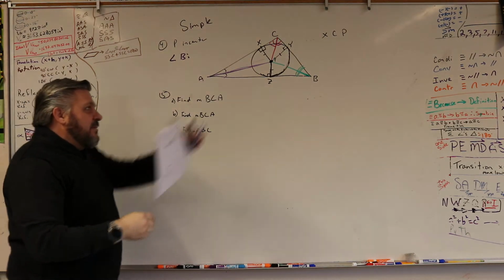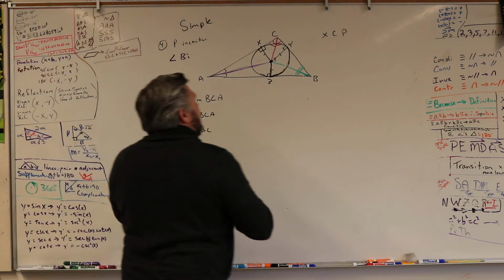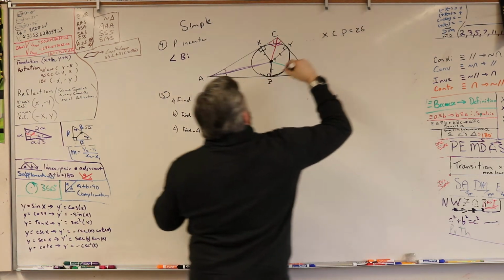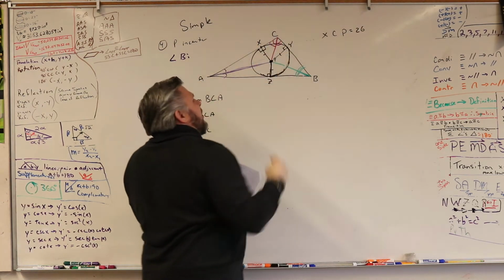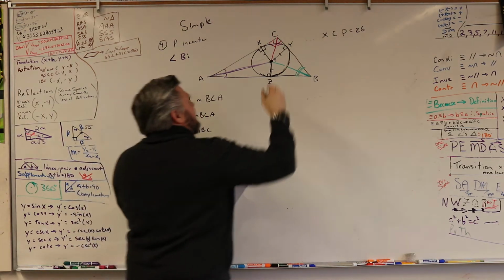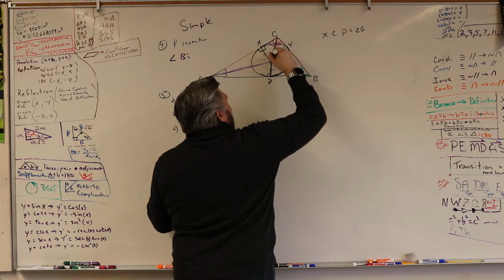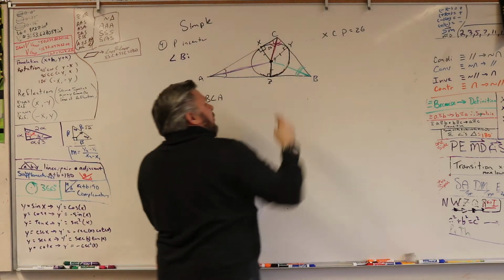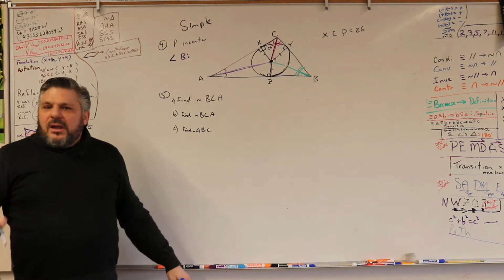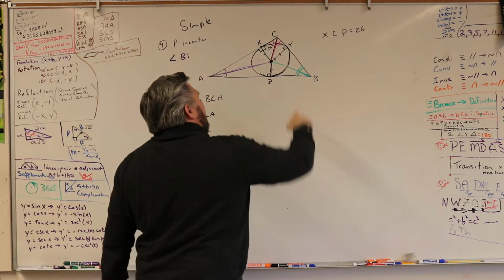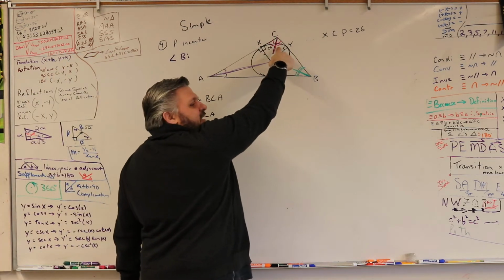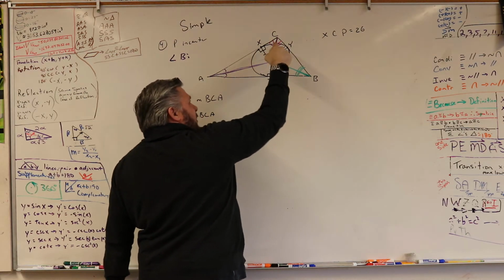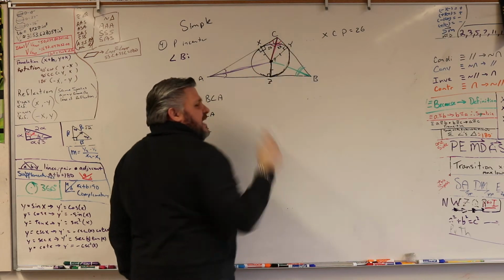Now, if they tell me that XCP is 26, right? Well, that means from XC to P. Now, what that's saying is this angle right here is 26. Okay? And because this angle right here is cut in half, this angle has to be 26, right?